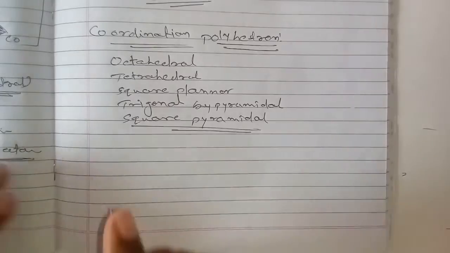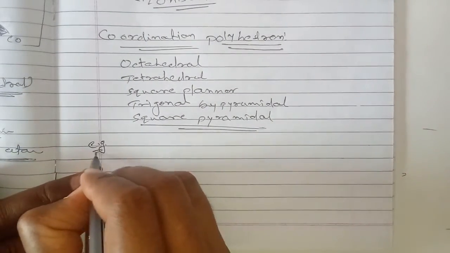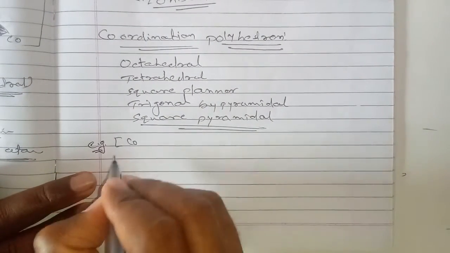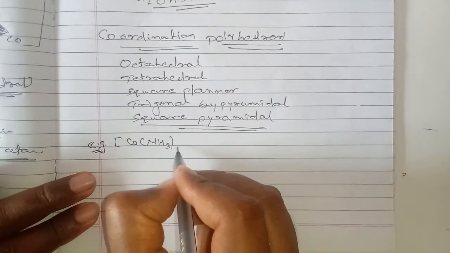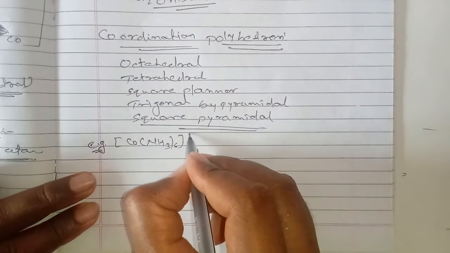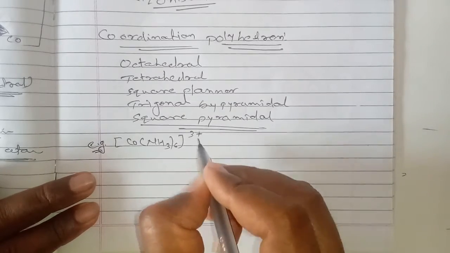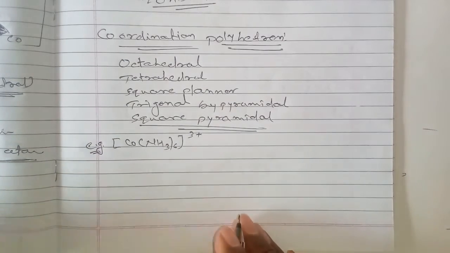For example, [Co(NH3)6] with charge plus 3.